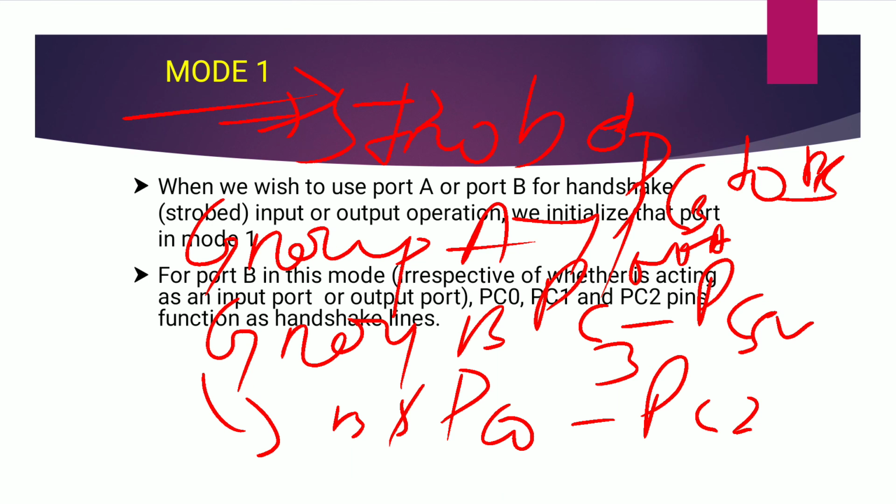So lifelong it will do input handshaking for the processor. Similarly, a port can be programmed in mode 1 as output handshaking mode, and then lifelong it will only do output handshaking. This is the function of mode 1.